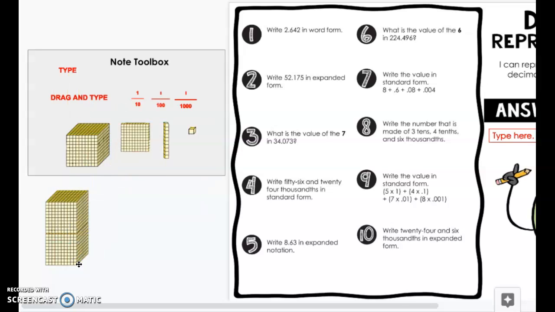So we have 2 wholes, right? Remember, after our 2 wholes, we move to our tenths place. I need a block that you would need 10 of to get to the nearest whole.